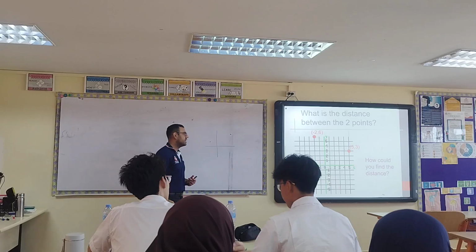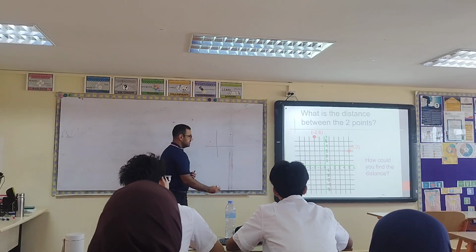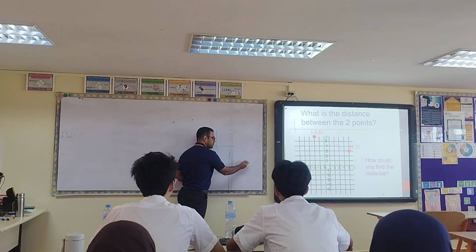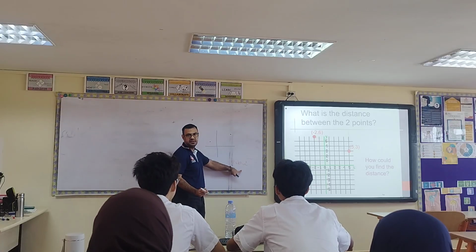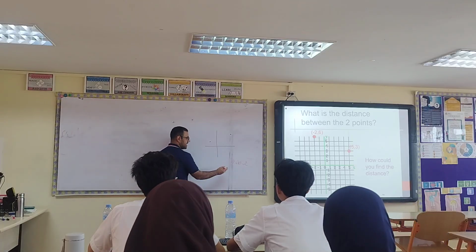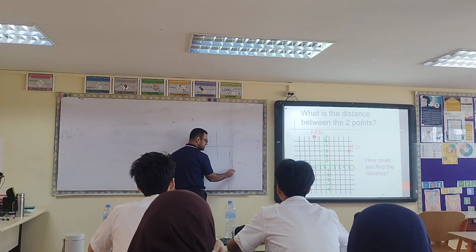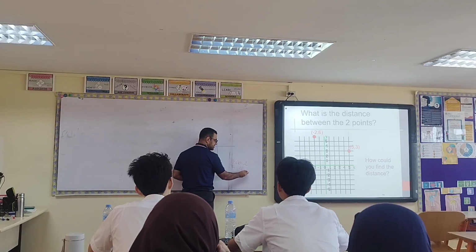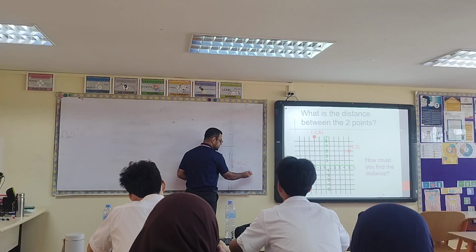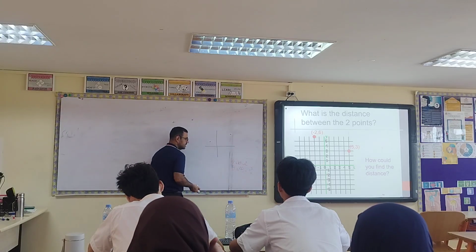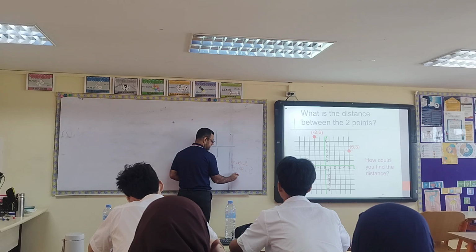Okay, now how can I use Pythagoras here? A squared plus B squared will give me C squared, which is the distance. So how much is A squared? 9, 3 squared is 9. B squared is 49, right? Adding them, we have 58 equal to C squared.